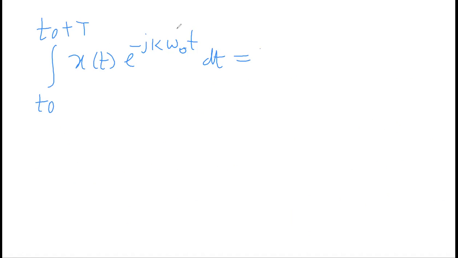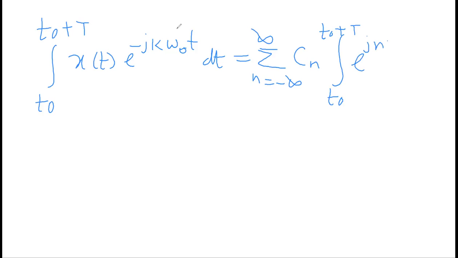By interchanging, the summation comes before: summation n equal to minus infinity to plus infinity Cn, and then the integration from t naught to t naught plus T. The first function is exponential j n omega 0 t, and the second function is exponential minus j k omega 0 t dt.